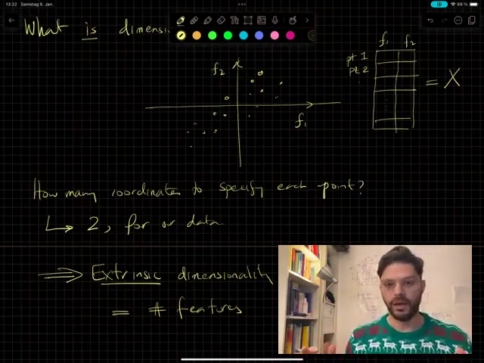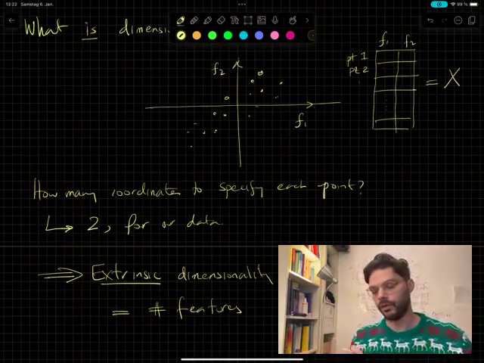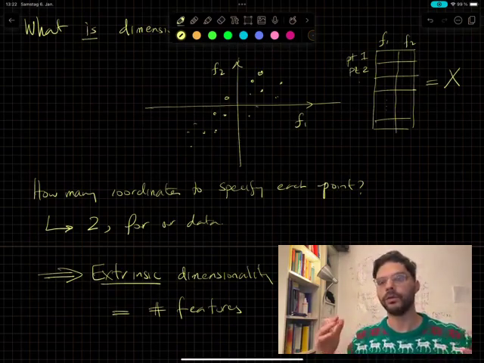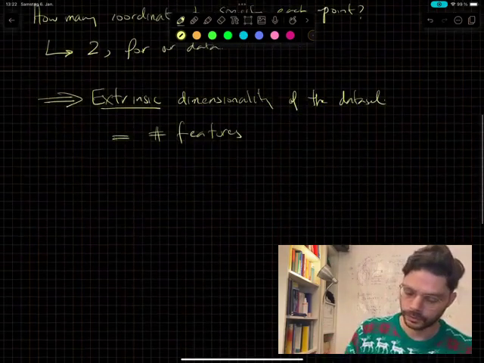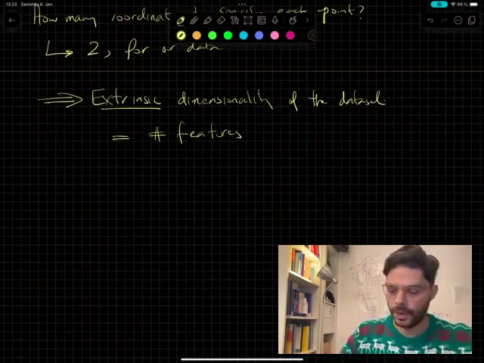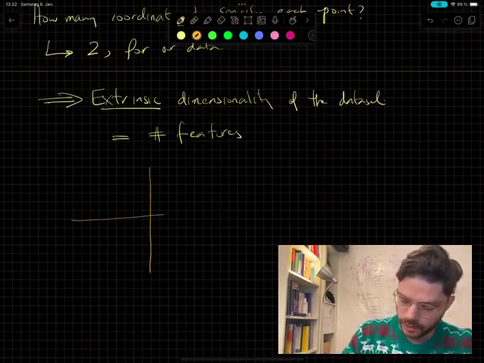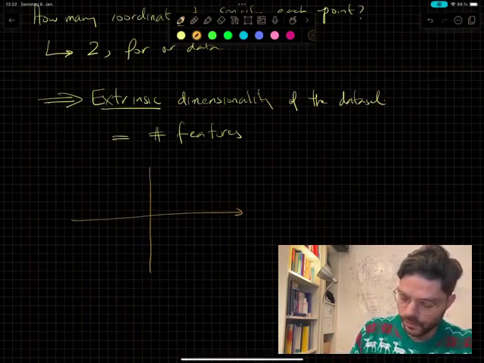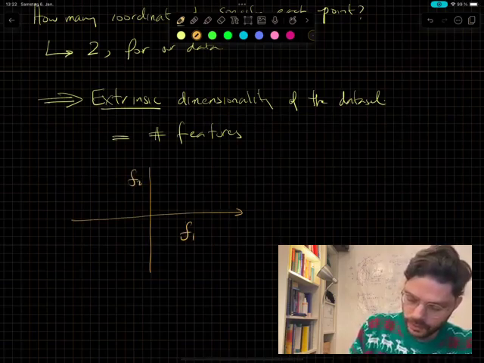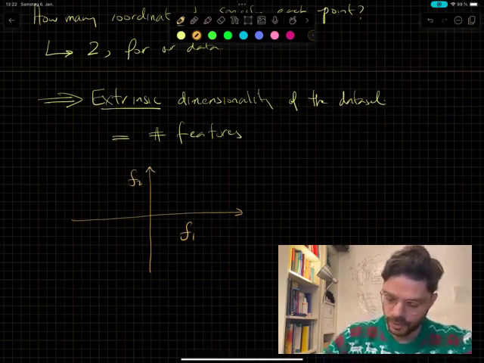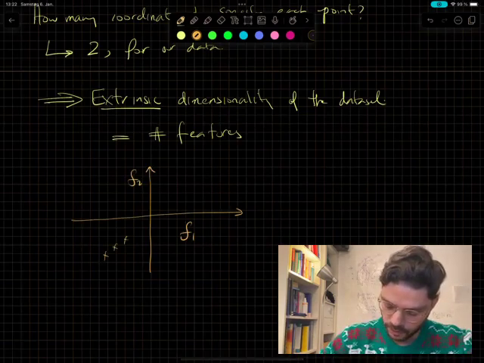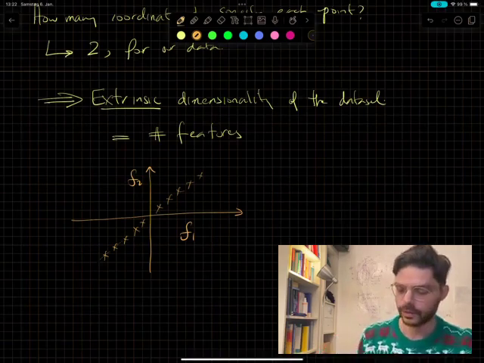Okay, and that's fine. But often our data don't fill up this space uniformly. For example, we can imagine another data set similar to the previous one. Again, we've got feature 1, feature 2. But suppose our data points were all sitting on this line. Here is the line, and they're all sitting along the line.